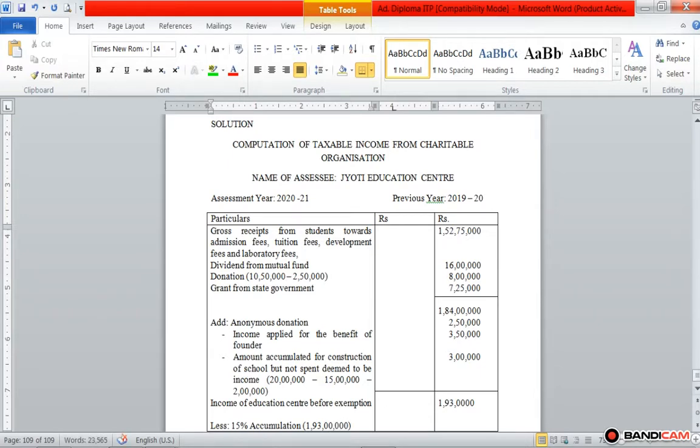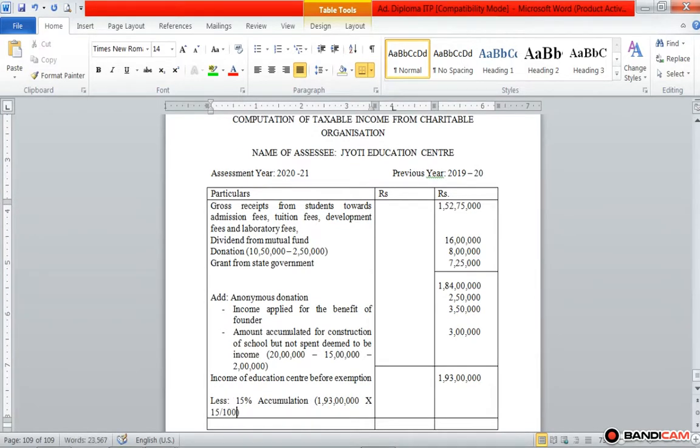Okay, 1 crore 93 lakh. So here into 15 divided by 100.